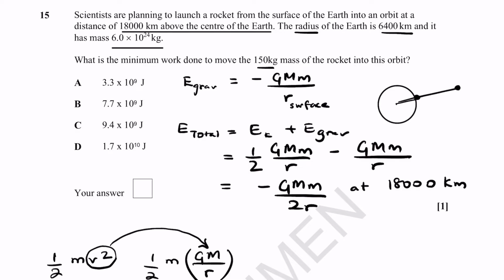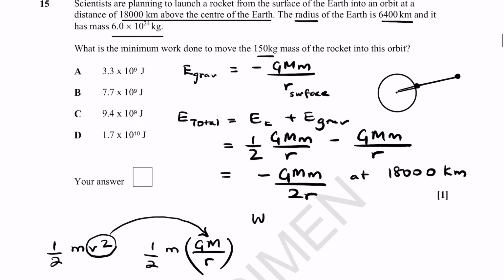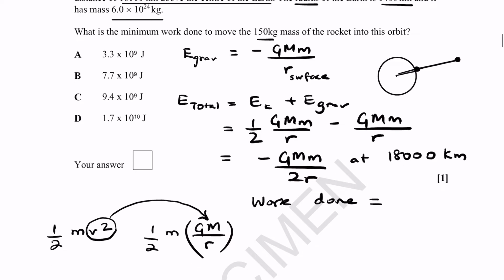Once you have that, consider the minimum work done. I think this is one of the longest questions in this particular paper. So work done is equal to the total energy, minus GMm over 2r, plus, because it's the difference, GMm over r at the surface.